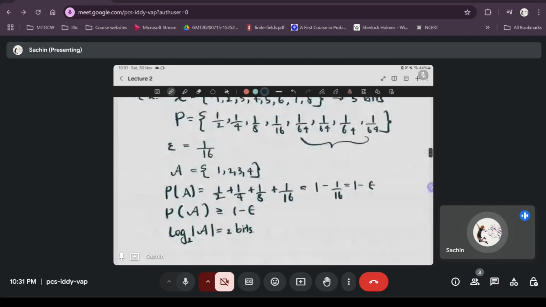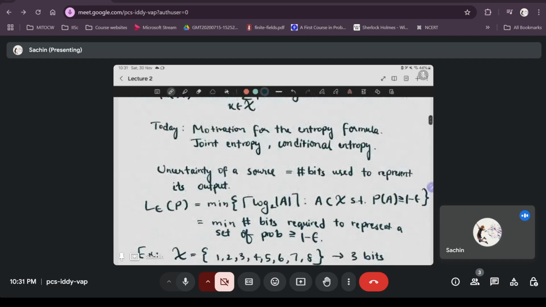So we started out saying that I will represent only high probability sets and I'll represent them with the same number of bits. So I defined what a high probability set is, and I defined a quantity L epsilon of p, which is the minimum number of bits that I would need to represent the smallest high probability set.